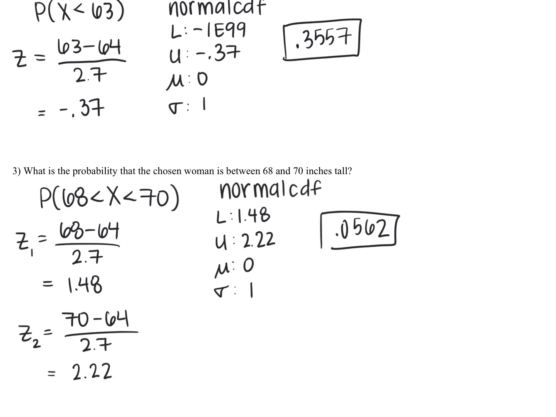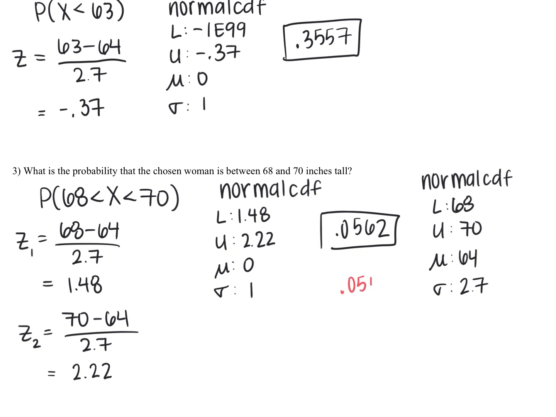And again, it might be slightly more accurate to use the actual values, so normal CDF with the lower bound of 68, upper bound of 70, mean of 64, standard deviation of 2.7. And we're going to get 0.0561.